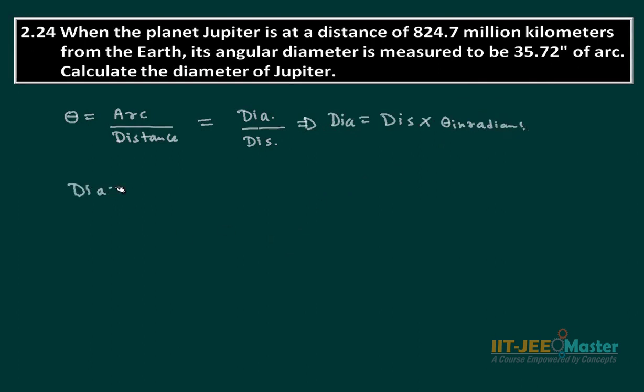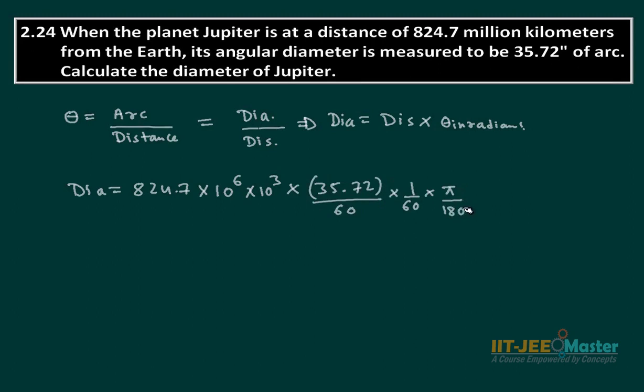So diameter will be equal to distance, that is 824.7 × 10^6 kilometers, times the angle. The angle now has to be converted: seconds divided by 60 becomes minutes, again divided by 60 becomes degrees, and to convert degrees to radians, we multiply by π/180.